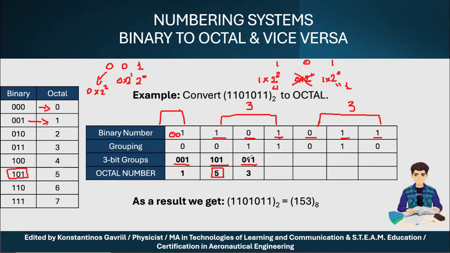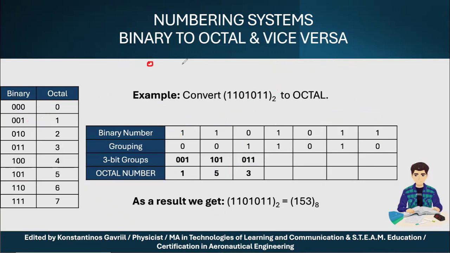Now, in the end, what will be the 011? For the last group, I will use again the 2 to the power of 0, 2 to the power of 1, 2 to the power of 2. I multiply with the first row, 1 times 2 to the power of... Okay, so what do I get? 3.